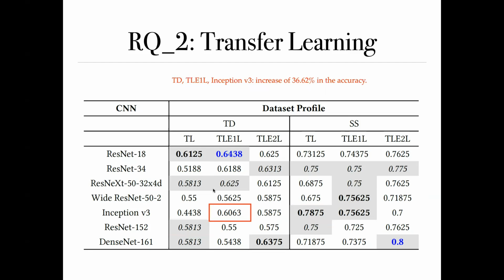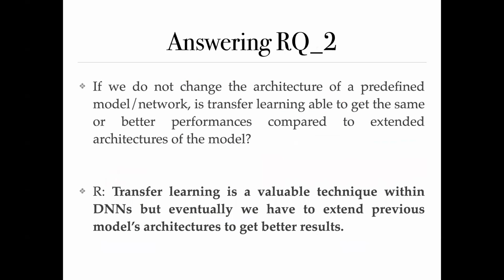For instance, in this case here, TL-E1L Inception v3, there was an increase of 36.2% in the accuracy by extending the architecture. Transfer learning is a valuable technique within DNNs, no doubt about this, but eventually we have to extend previous models' architectures to get better results. These are our answers to question 2.